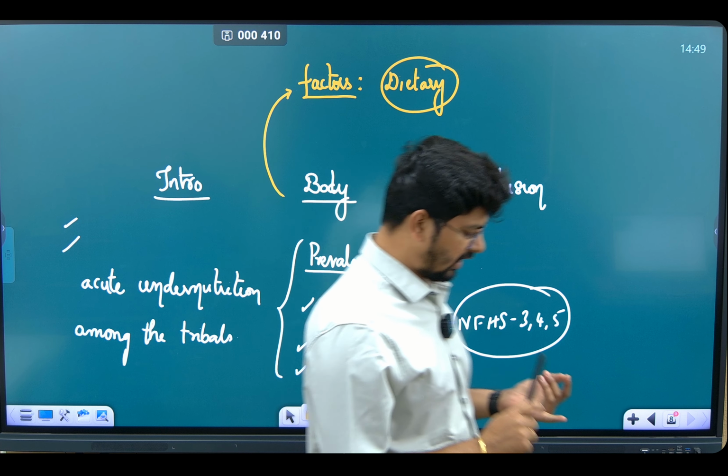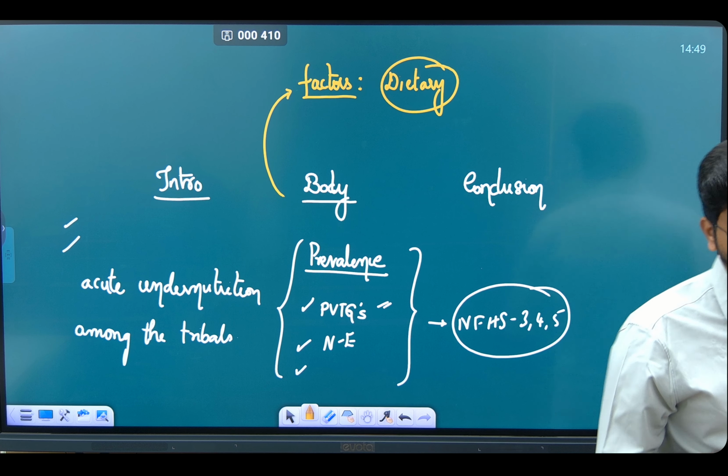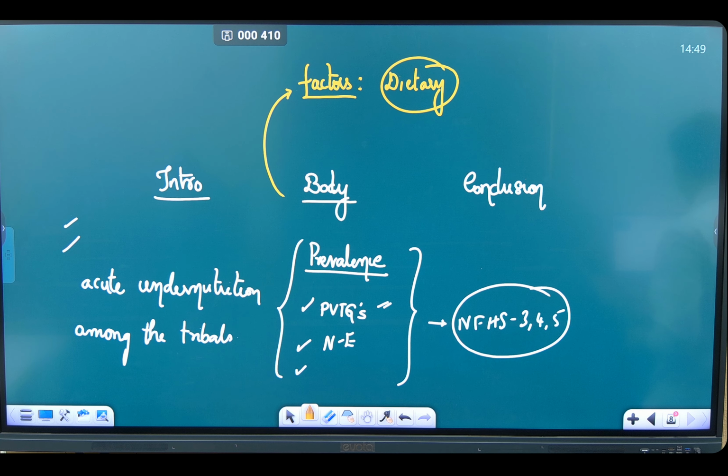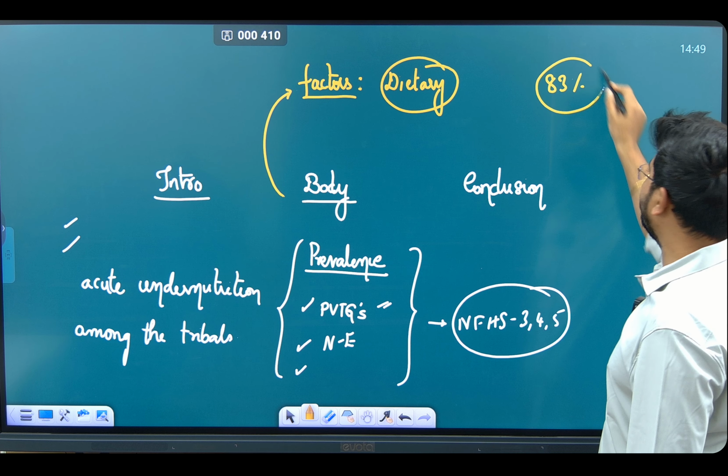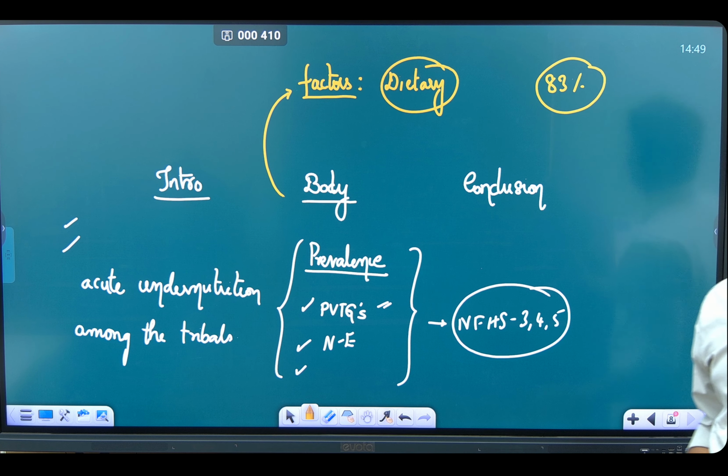In some tribes they don't include salt, in some tribes they don't have dairy products. And in some tribes, like in Palghar district of Maharashtra, 83% of the tribal children are only given three varieties of food.